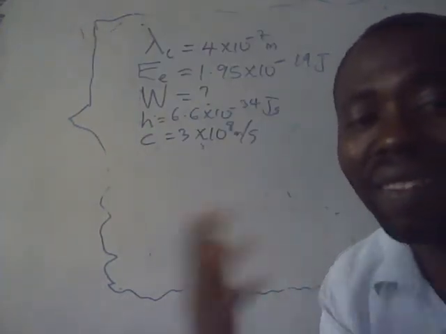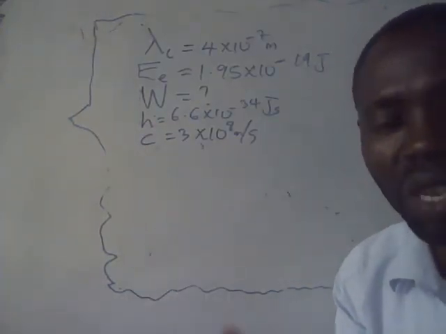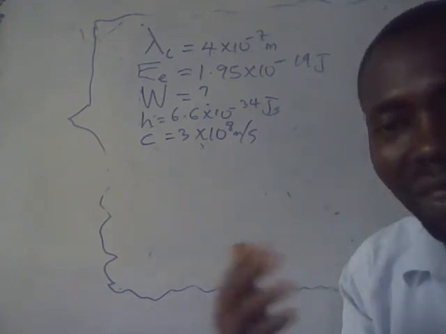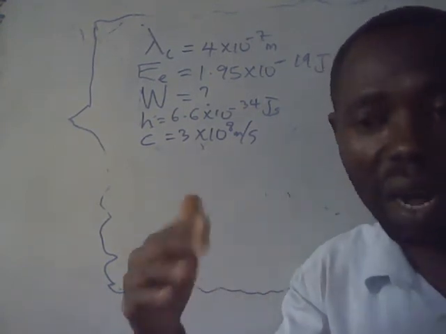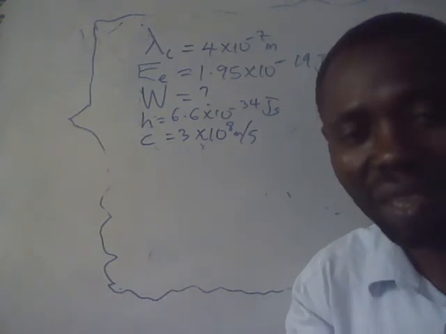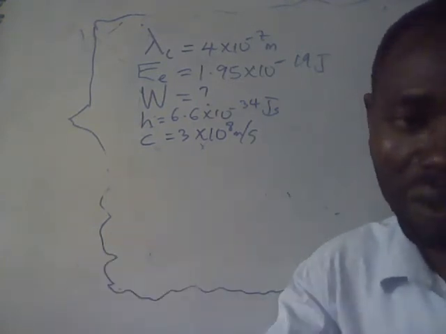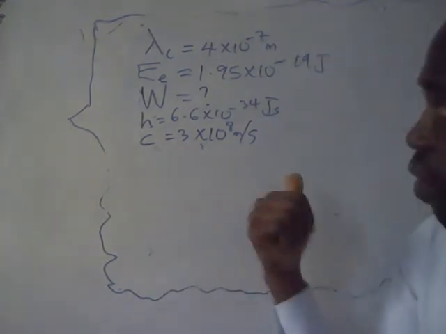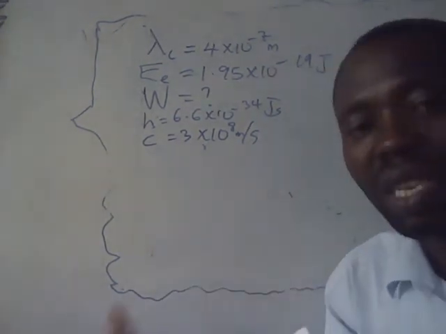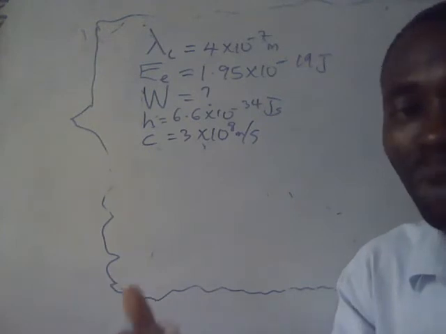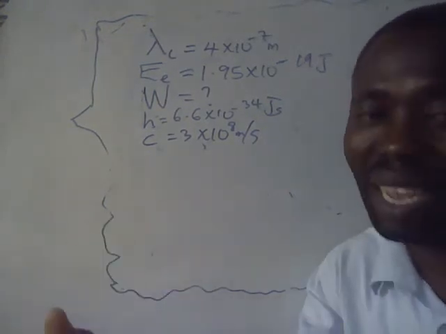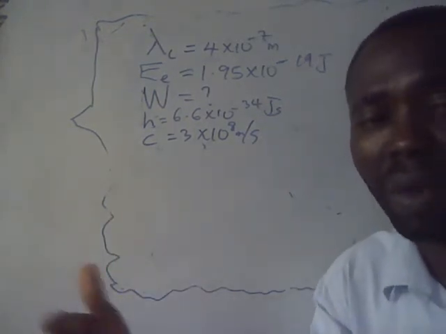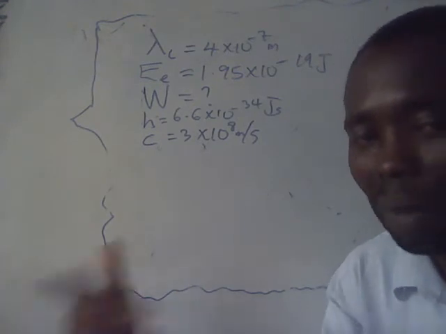It's just like activation energy in chemistry, which must be overcome before a reaction can take place. So the same thing here, work function is the minimum amount of energy that must be overcome before electrons can be emitted from the surface of a metal when it's illuminated by light.